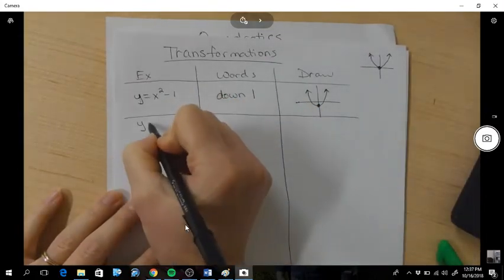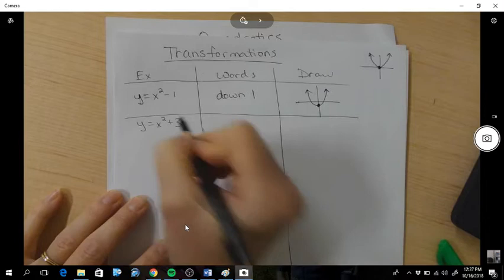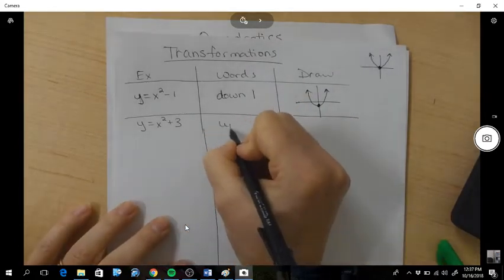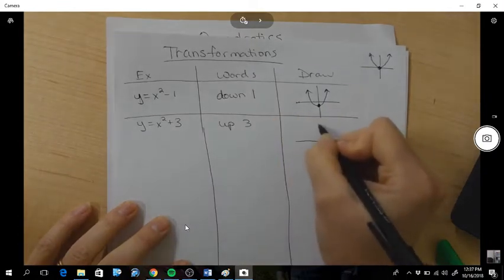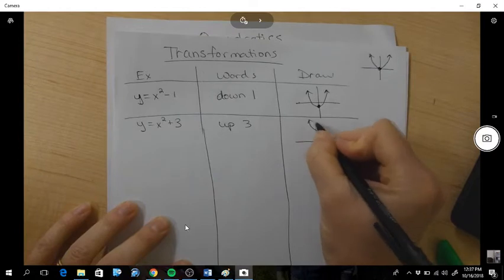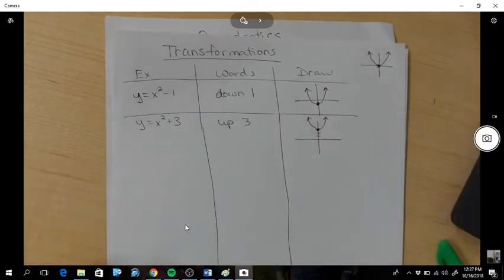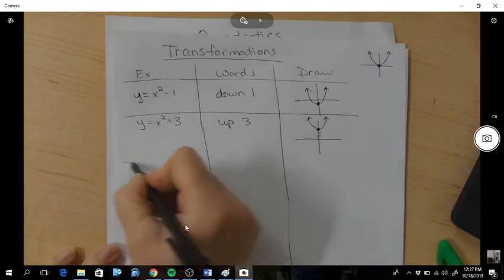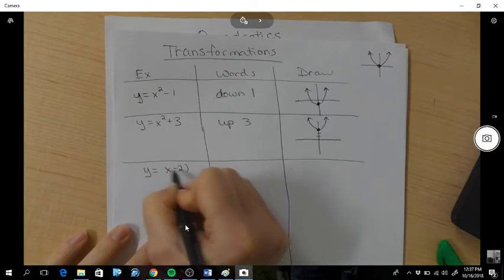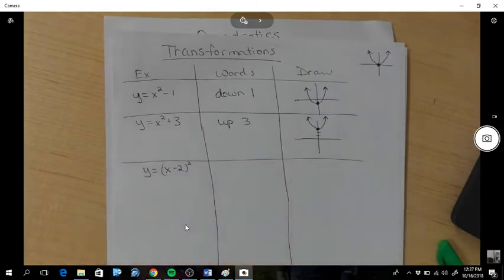So what do you think will happen here? Okay, now that's going to make the whole parabola go up 3. So it's not changing shapes or anything else. It's moving, sliding itself up the page 3. Okay. Now, if I have this in brackets, I'm going to ask you this.